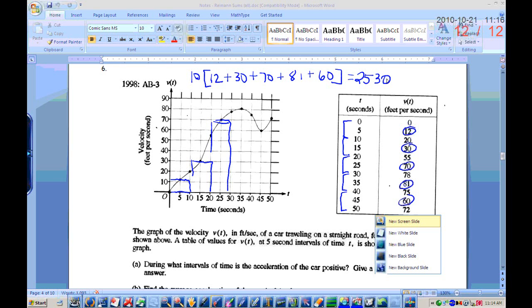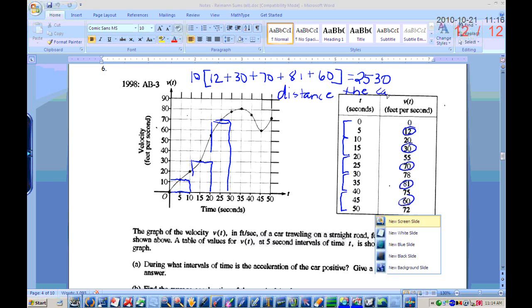Okay. Now, the second part of that question says, explain the meaning of this number using correct units in terms of this problem. Okay, it is feet. Okay, it is the distance that the car travels. Very good.